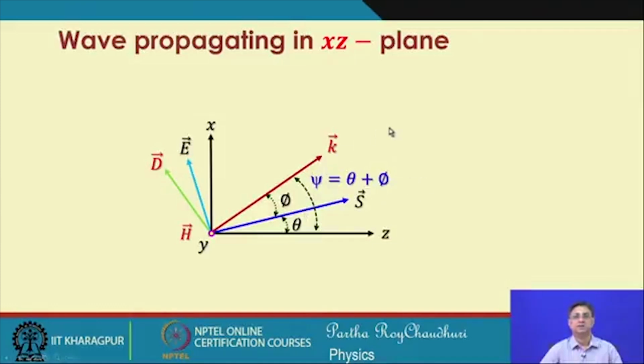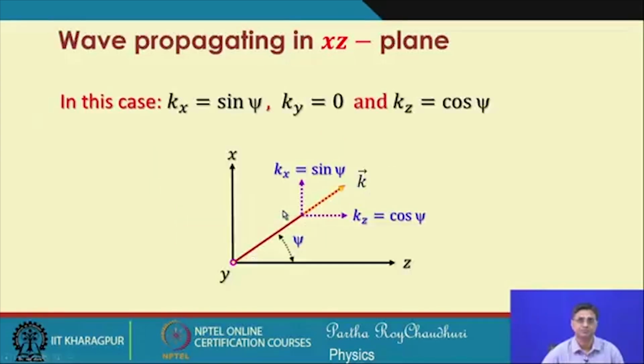That is, the wave direction is given by the k vector, whereas the ray direction, that is the pointing vector, is given by s. So, this angle is phi, the same notation that we have used earlier.